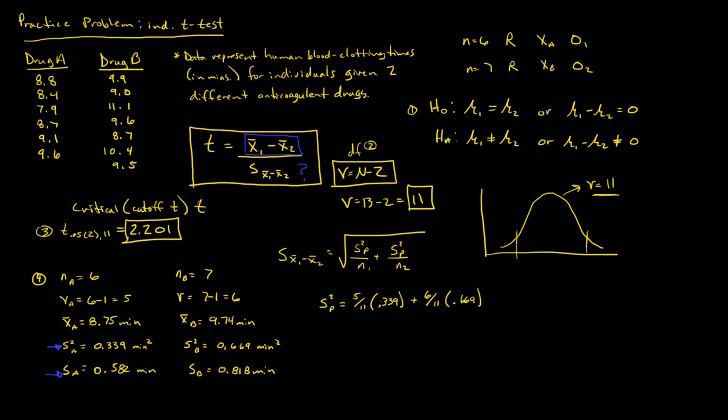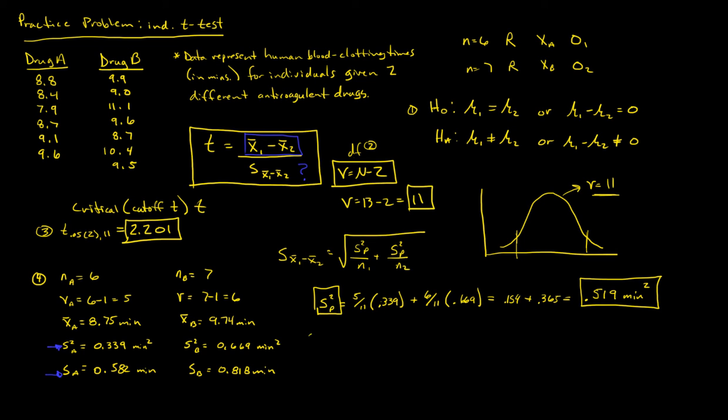When you plug and chug this, you'll get 0.154 for group A plus 0.365 for group B, and so your pooled variance total when you add group A to group B will be 0.519, and because this is a variance, the units are minutes squared.